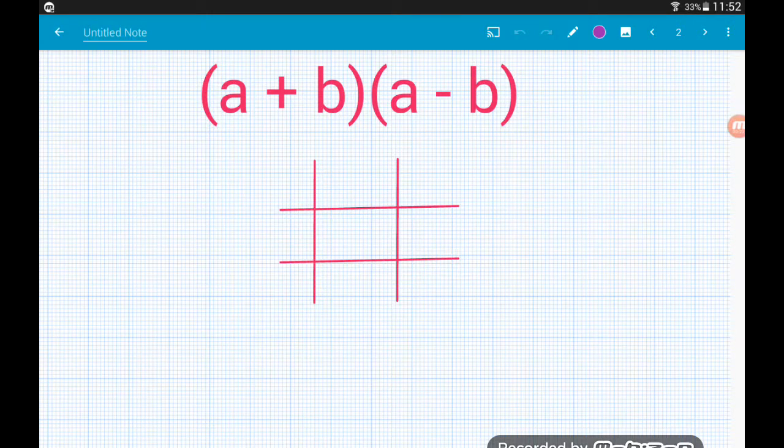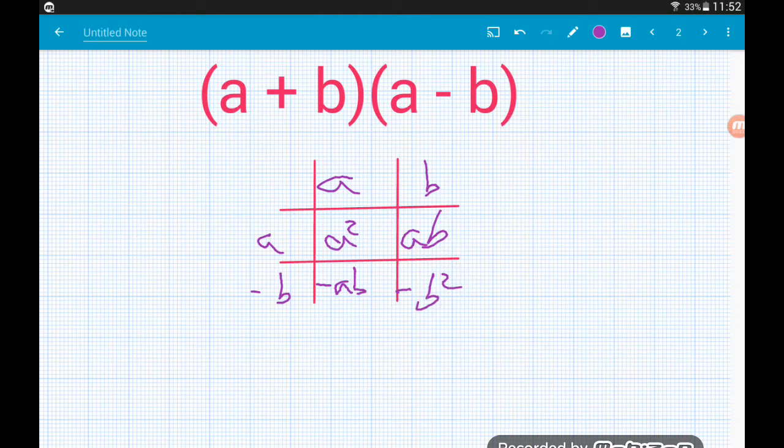So let's say we want to expand these two. I'm going to use the table method for expansion. So put the a and a positive b across the top, a and a negative b down the side. Then a times a is going to give us a squared, a times b is going to give us ab, minus b times a will give us minus ab, and then minus b times positive b will give us minus b squared.